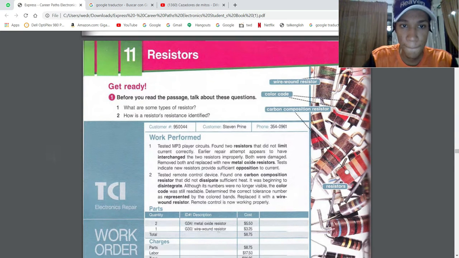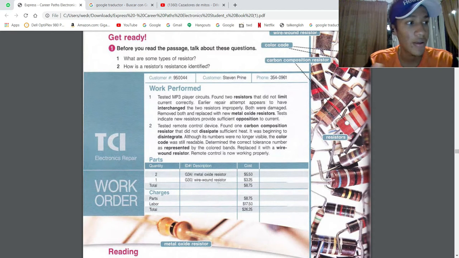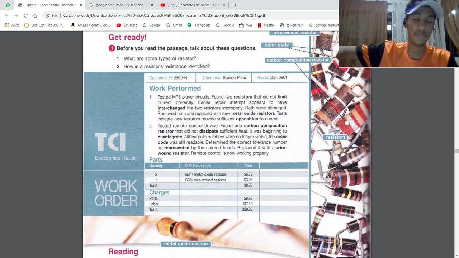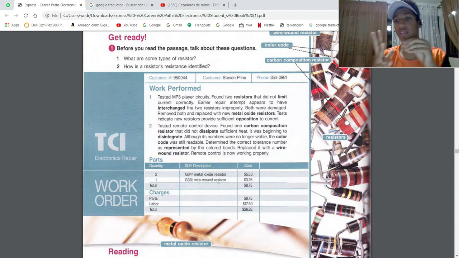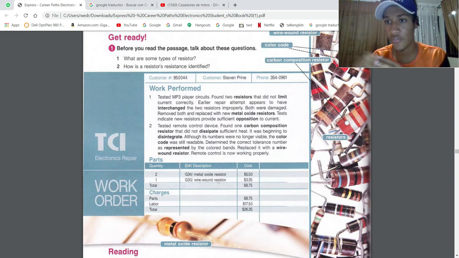The resistors have different materials. These materials are not conductors, they are impure materials, because you don't want all the current to pass. It passes by 1 or by 2, depending on what you need.